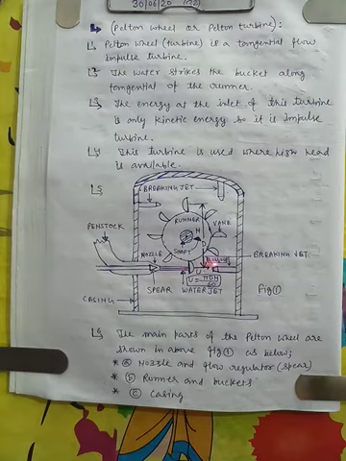U1 is equal to U2 is equal to U, and it will be pi D N by 60. Here N is the rotation, revolution per minute of the runner, and D is the diameter at inlet and outlet, and this is the vane speed at inlet and outlet, pi D N by 60.